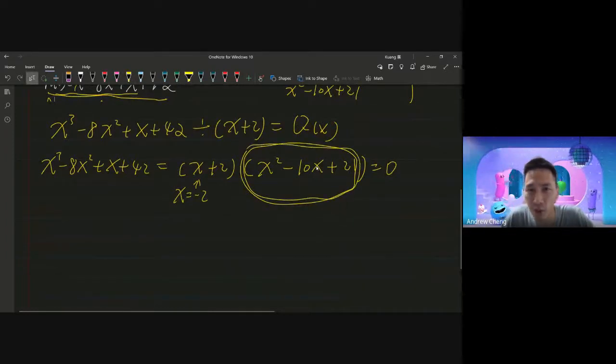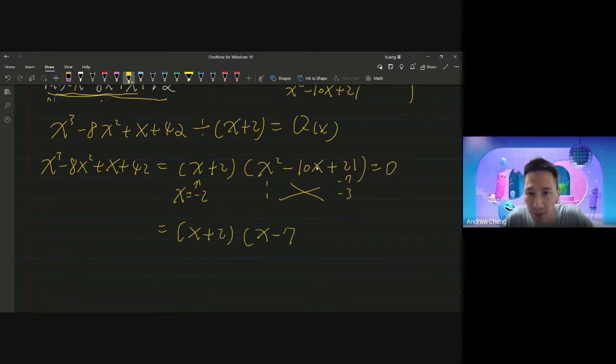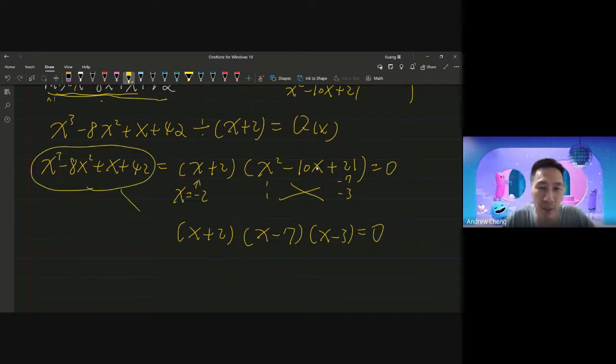But this part is quadratic, degree 2, so that will be easier. I will use negative 7, negative 3. Okay, so this is x plus 2, and then x minus 7, x minus 3 equals 0. Okay, done. I successfully rewrote this polynomial into a product of 3 different polynomials.